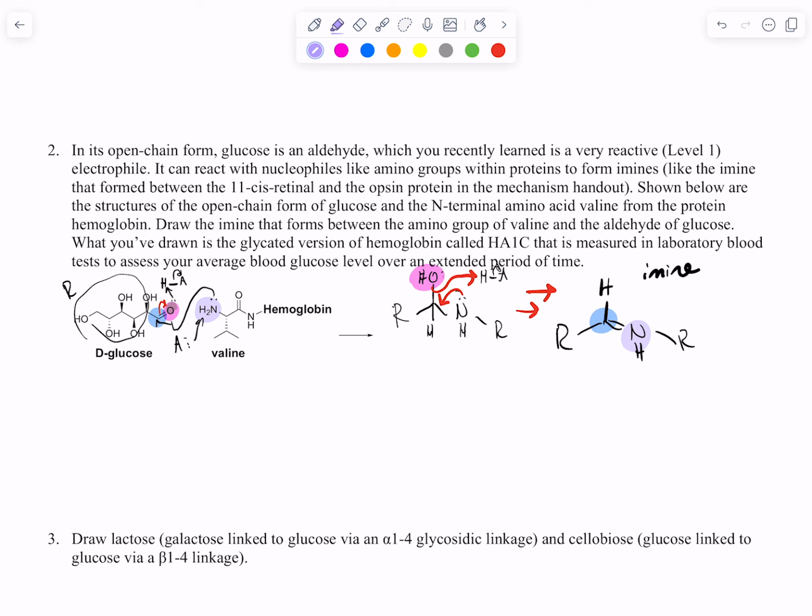And then remember how I said there are some downstream reactions that can generate other molecules, some of which are colorful. In biology, we call them advanced glycation products. In cooking, we call that the Maillard reaction, and they generate colorfully brown molecules called melanoidins. And that's what all baked goods, the crust on bread that's nice and brown, or cookies, these are because of imine formation from the aldehydes of glucose with the amines that are on your proteins.